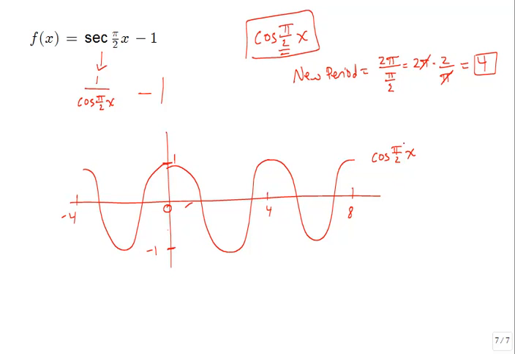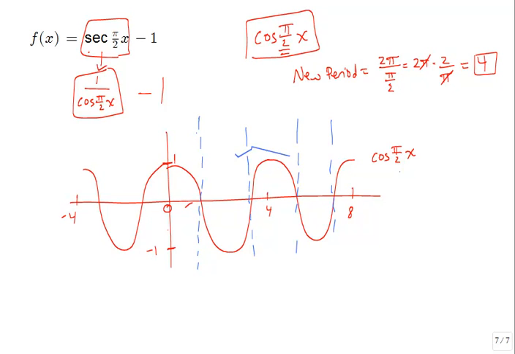Now we need to do the reciprocal of it to get the secant graph. All of the zeros on this red graph become my asymptotes. So I'm going to have an asymptote here, here, here, here, and so on. If you wanted to put some scale marks on some of those, you certainly could.